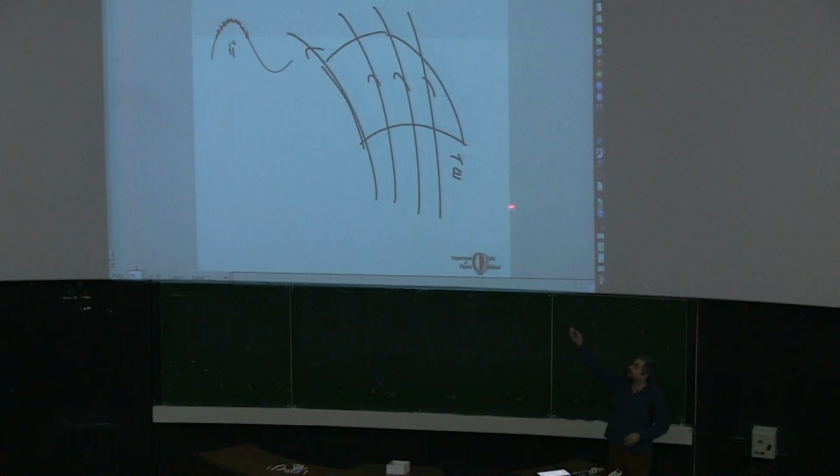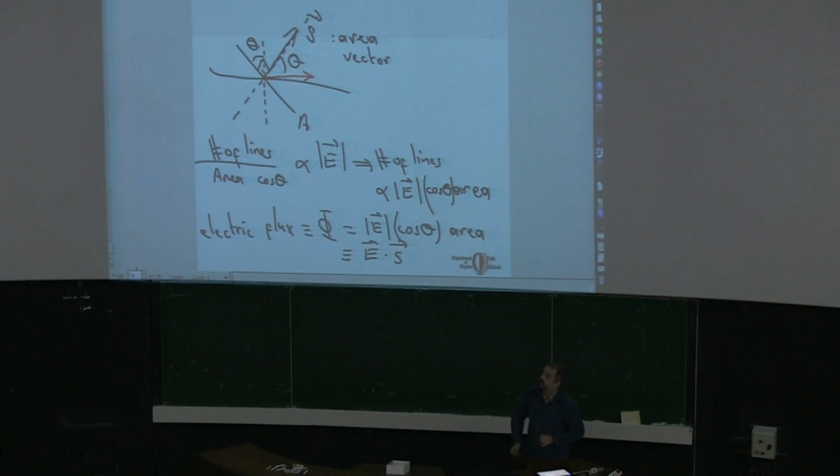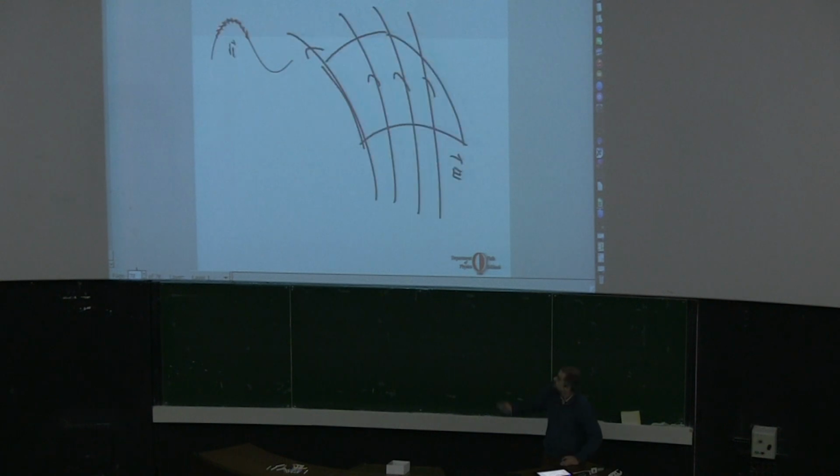And then if we want to calculate the total flux, that is, the total number of field lines that passes through this surface, well, we already know how to calculate them given a flat surface. But this is not a flat surface. But we can divide it into very small pieces, which will be almost flat.